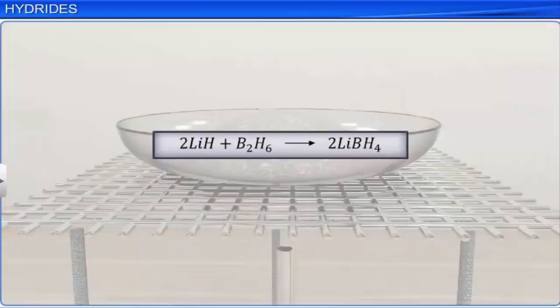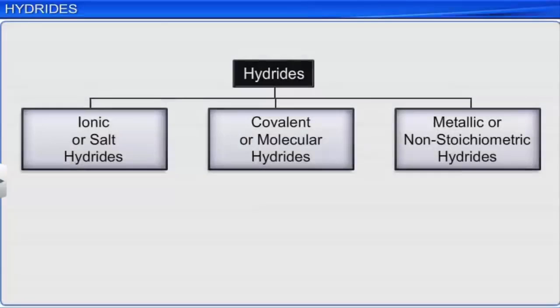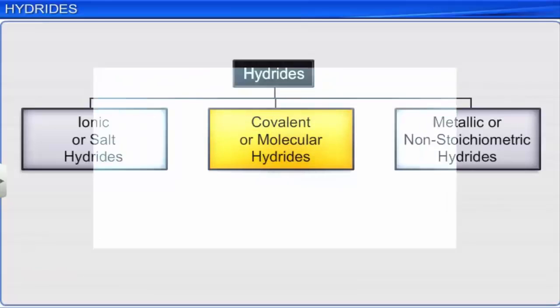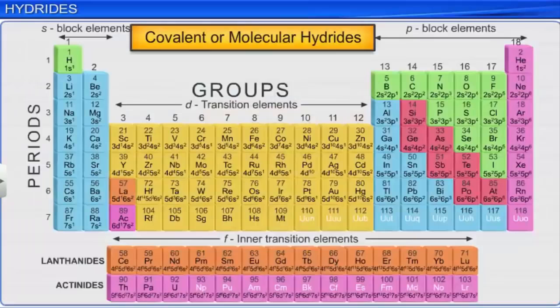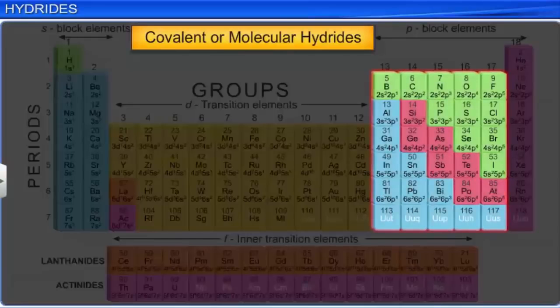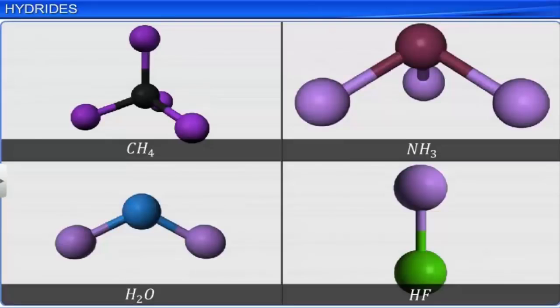Lithium hydride also reacts with boron hydride to give lithium boron hydride. The second type of hydrides are covalent or molecular hydrides. Covalent or molecular hydrides are binary compounds of hydrogen with more electronegative elements, such as p-block elements. They are bonded by covalent bonds.